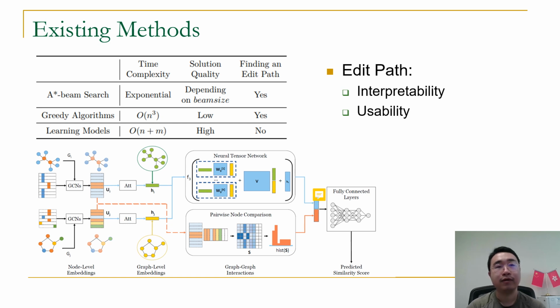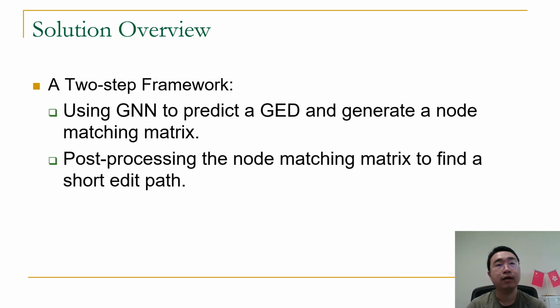For example, if the graph edit distance between G1 and G2 is 3, the existing models may predict that we need about 2.7 edit operations to convert G1 to G2. To find a high-quality edit path together with the predicted GED value, we propose a novel deep learning framework that solves the GED problem in a two-step manner.